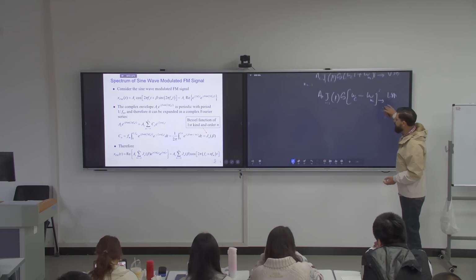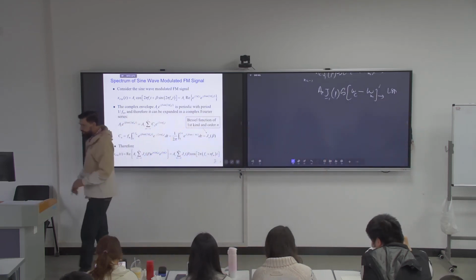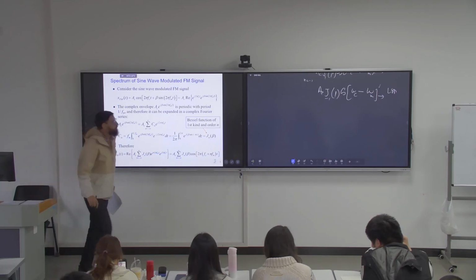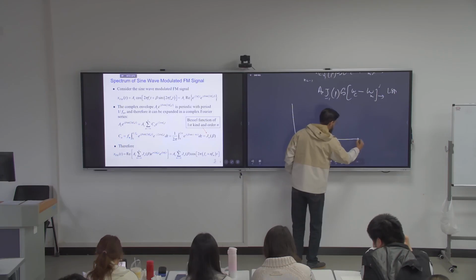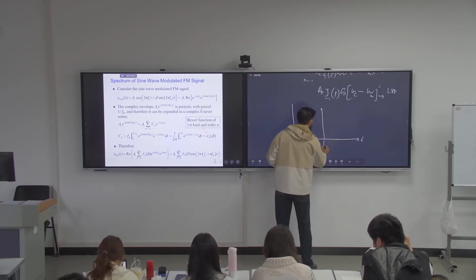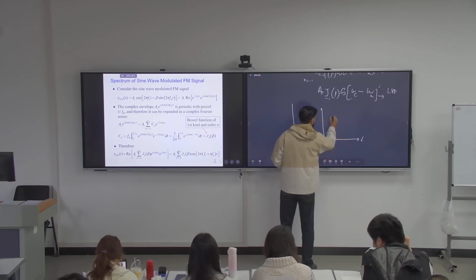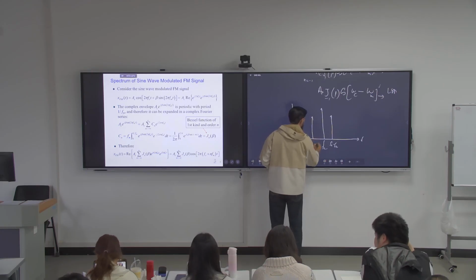Now, if you draw this, simple, right? You will be getting something like this. This is my FM, and here is my FC. So the upper side band is FC plus FM, and then I get the lower side band, FC minus FM.